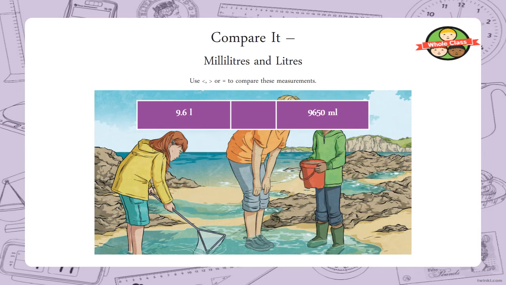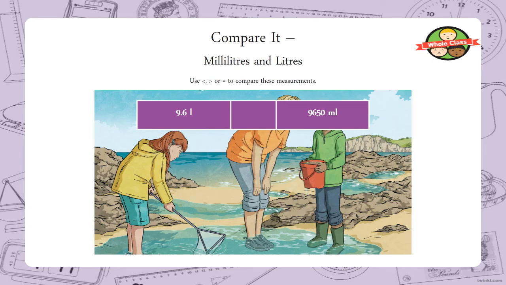Now 9.6 liter or 9650 milliliter, which one is greater? Let's write 9.6 liter in milliliters. We multiply by 1000.